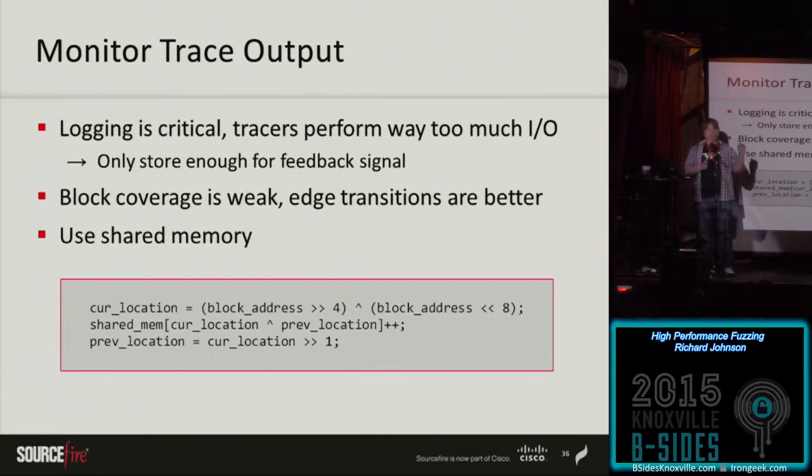It takes the XORed value of block 1 and block 2, the source and target blocks, XORs them together, and comes up with a single integer value. That offset in the bit mask determines whether or not that transition has ever been taken before. When a new bit is flipped, it says, all right, keep this input, we've reached a new state. It's very, very quick. It's done through shared memory and whatnot.